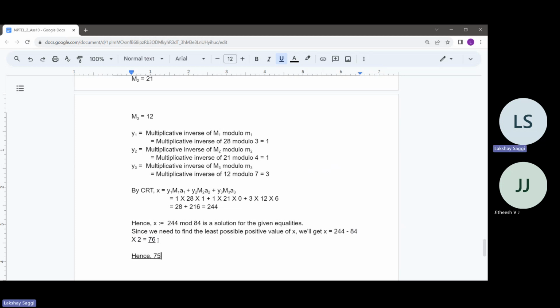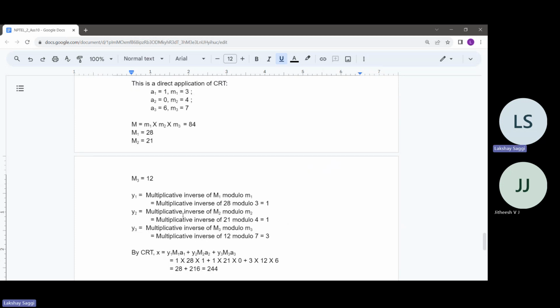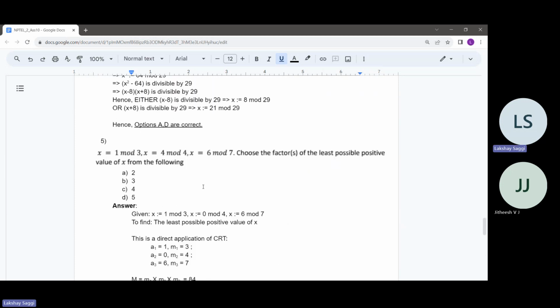Hence 76 is the least possible positive value of x. And since 76 is the least possible value, we need to find out the factors of the least positive value in the question.